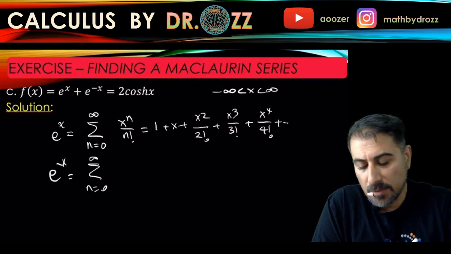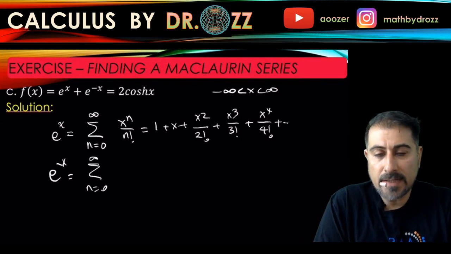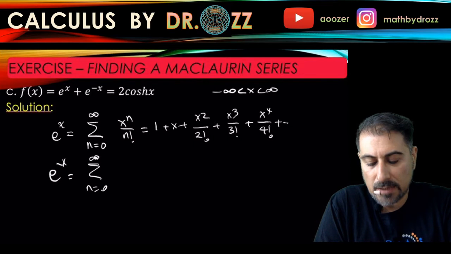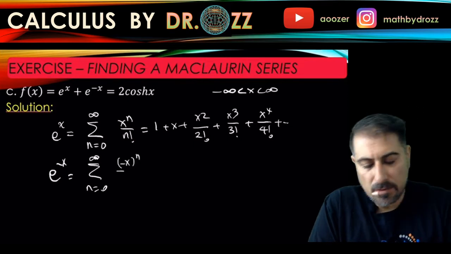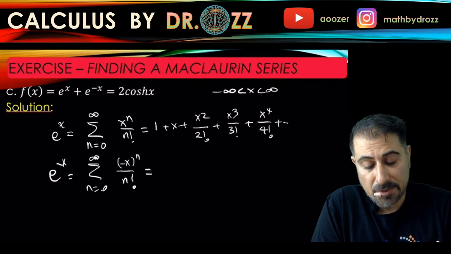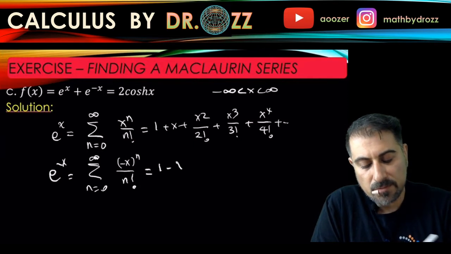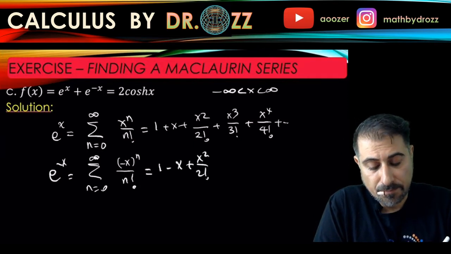So first of all, I'm going to replace x by negative x in the description of the MacLaurin series of e to the x. So this is going to be minus x to the power of n divided by n factorial. That way we have the MacLaurin expansion of e to the minus x written as 1 minus x plus x squared over 2 factorial, because we have alternation coming into play.